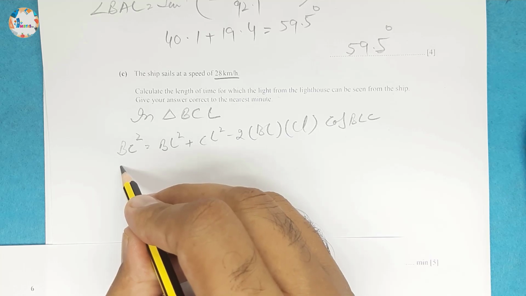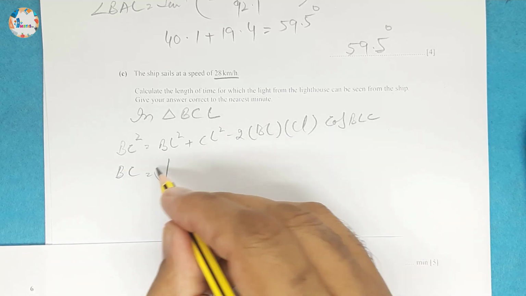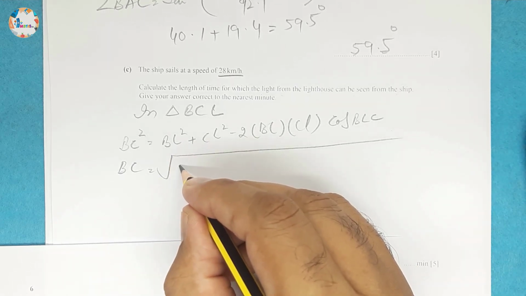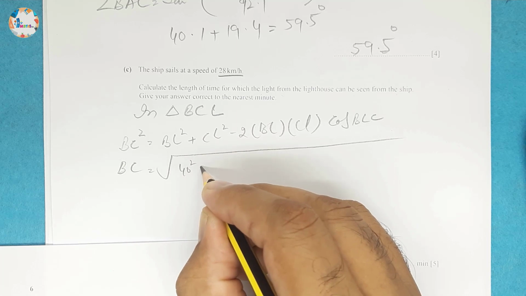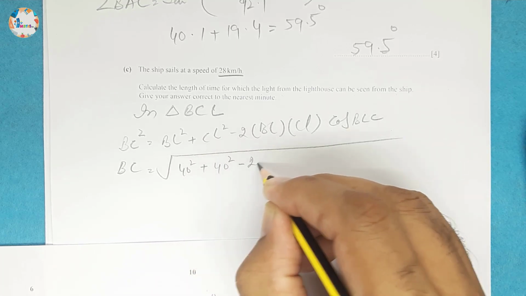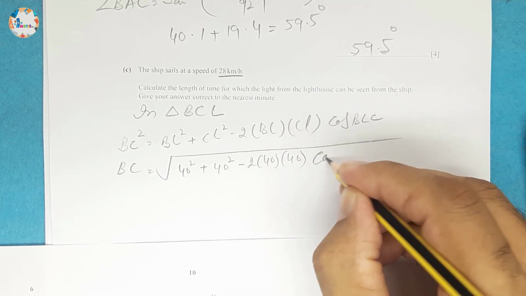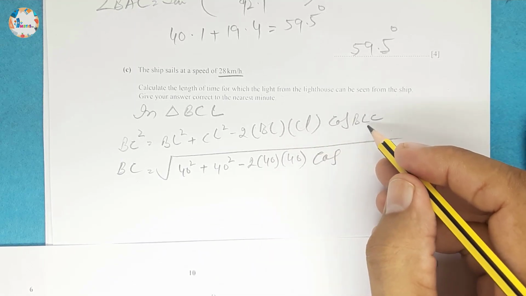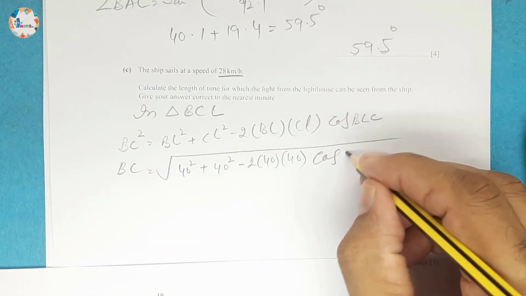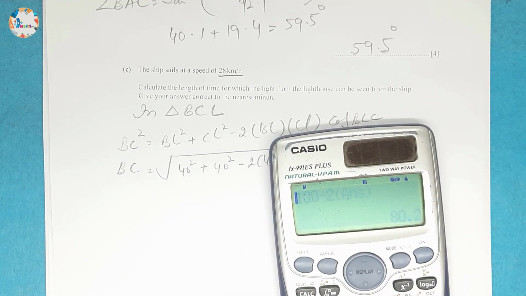So BC we need to find will be equal to the root of everything, and BL is basically 40, so 40 squared plus CL is also 40, so 40 squared, minus 2 times 40 times 40, which is CL, and cos of angle BLC, which is 80.2. Now this is the calculation which we have to make.